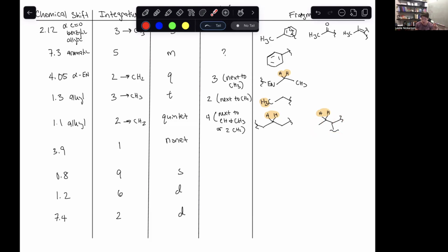I don't know what it is, but it might be in that kind of more branch style versus chain-like, okay.